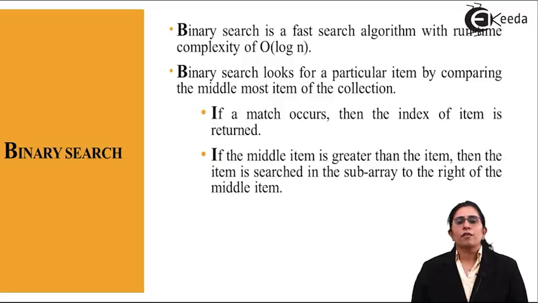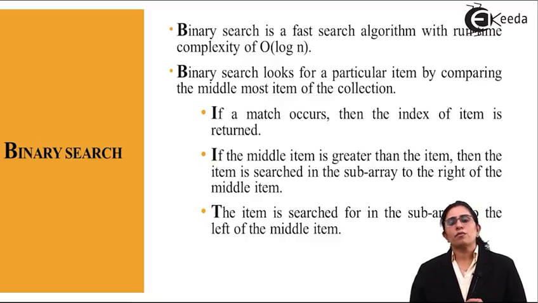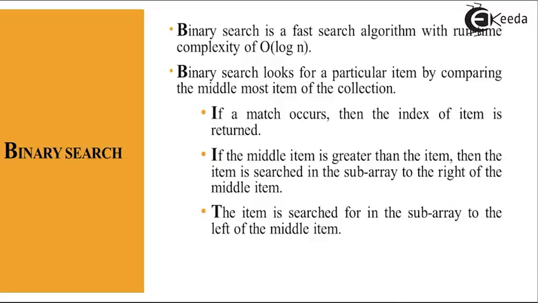If the element I am trying to search for is greater than the middle item, then it is searched in the right side subarray of the list. If the element I am searching for is less than the middle element, then I search in the left side subarray.